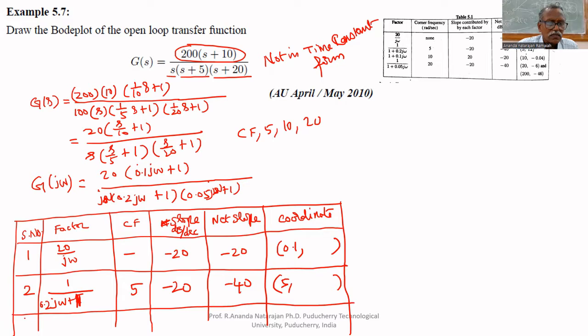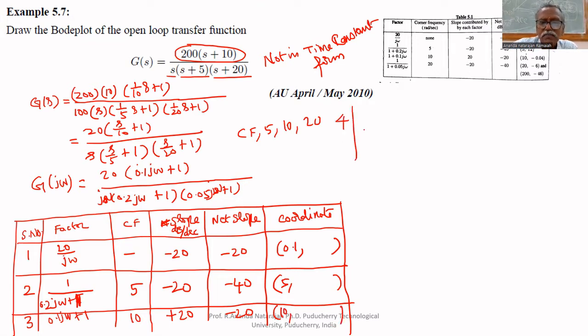The next one is 0.1 jω + 1. Corner frequency is 10, plus 20, that's why net slope minus 20, coordinate 10 comma.